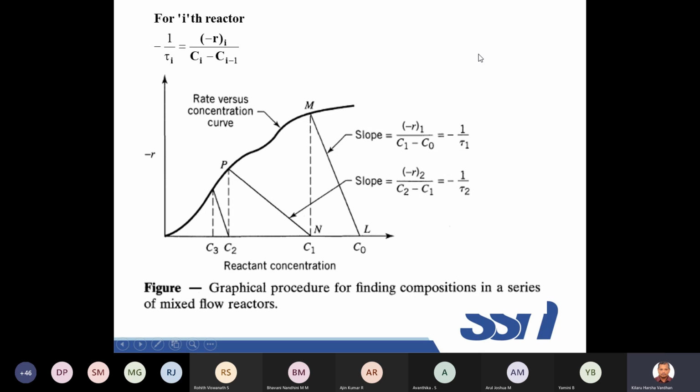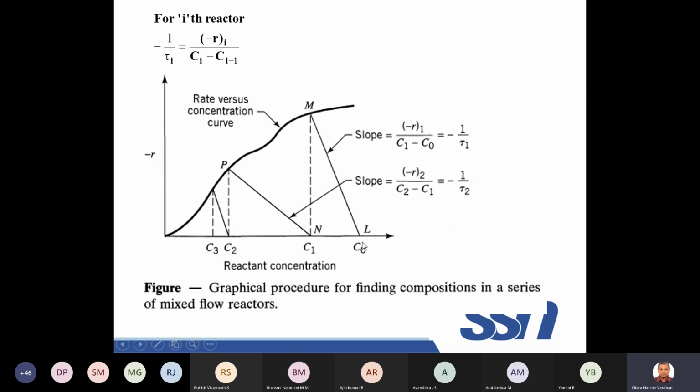You have to calculate that K and n. Based on that, you can calculate minus rA and draw minus rA versus reactant concentration as a curve. Let this be some arbitrary rate curve.